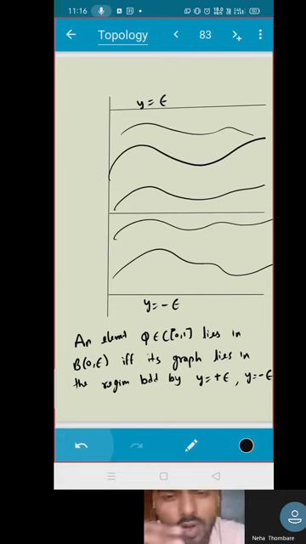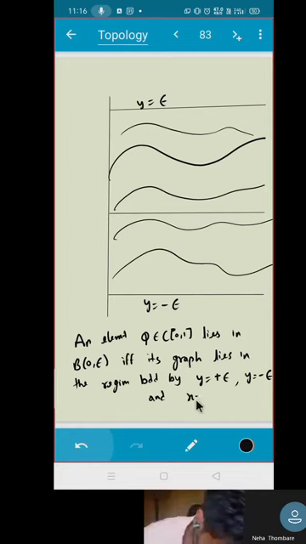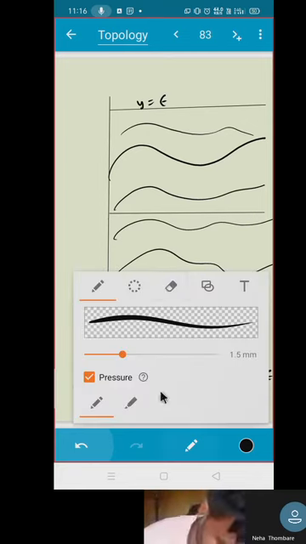How did I get y equal to epsilon and y equal to minus epsilon? Mod of phi is less than epsilon, so minus epsilon is less than phi is less than epsilon. And what is the limit for x? कहाँ से कहाँ तक हो सकता है? And x is from 0 to x equal to 1. So maybe you can consider this as a rectangle part.